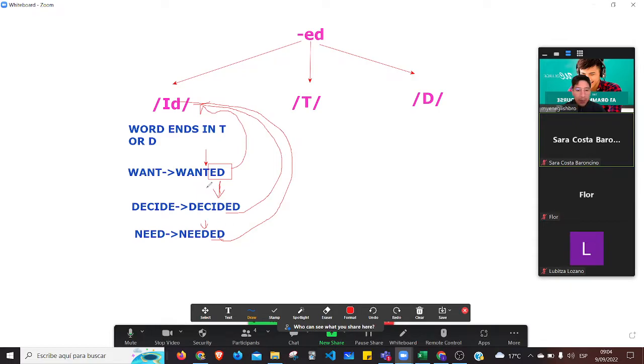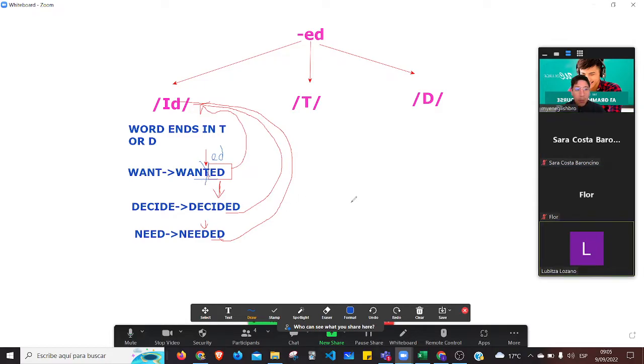So apart from that, you can also apply the rules about pronunciation. Aparte de eso, pueden aplicar las reglas de pronunciación que les enseñé antes, como por ejemplo, si esto suena como E, ¿qué pasaba? NT vocal. Borro la T, ¿cómo sería? Wanted.